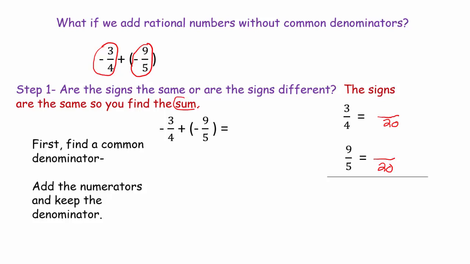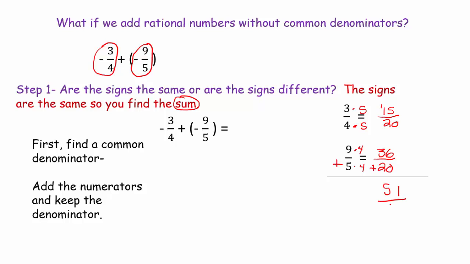Signs are the same. I'm going to find the sum. 5 times 4 is 20, so here we have to do 9 times 4 is 36. 4 times 5 is 20. 3 times 5 is 15. You'll remember these are just rewriting these as equivalent ratios with a denominator of 20. 15 and 36 would be 5 and 6 is 11. 3 and 1 is 4 and 1 is 5.